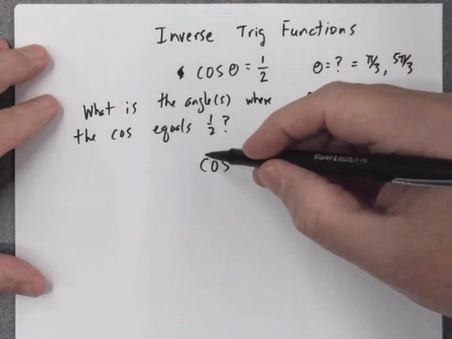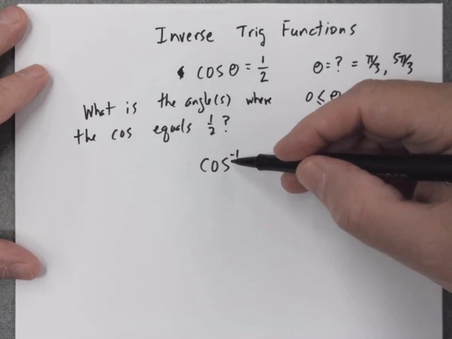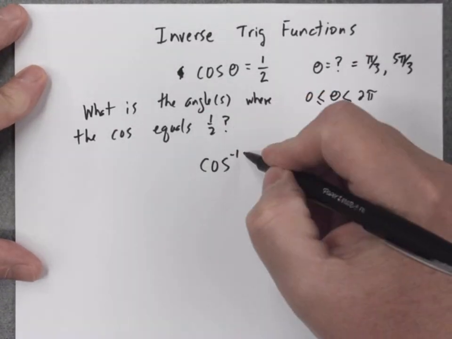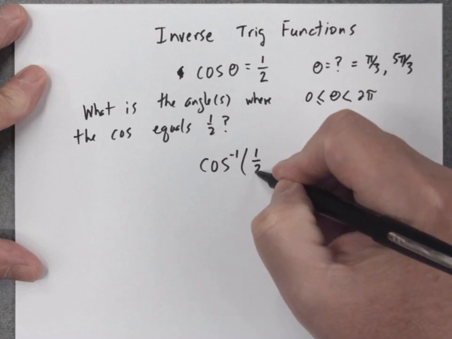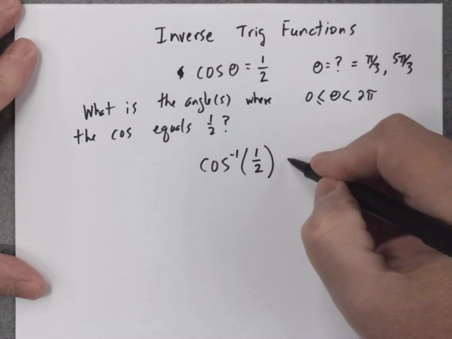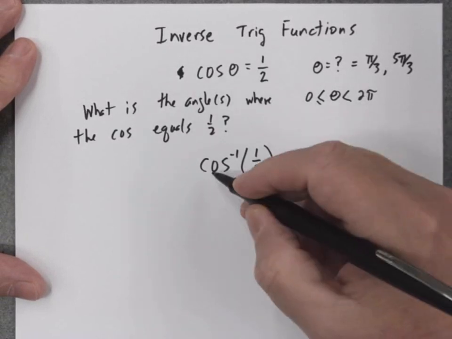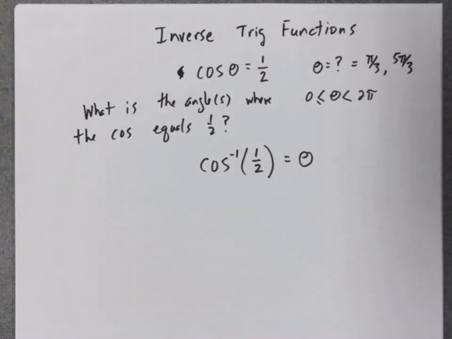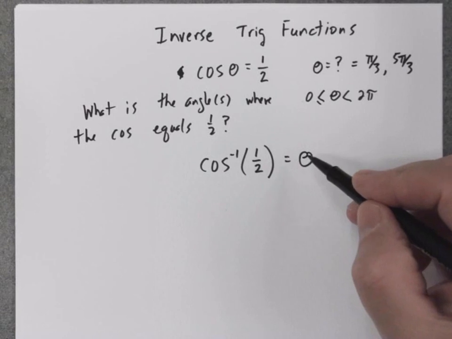That is the notation when we're talking about an inverse trig function. So in this case, this is inverse cosine. And inside the inverse cosine, you would have something like this. Now the interesting thing about an inverse cosine is that an inverse cosine of anything is going to be an angle. And this is very important.